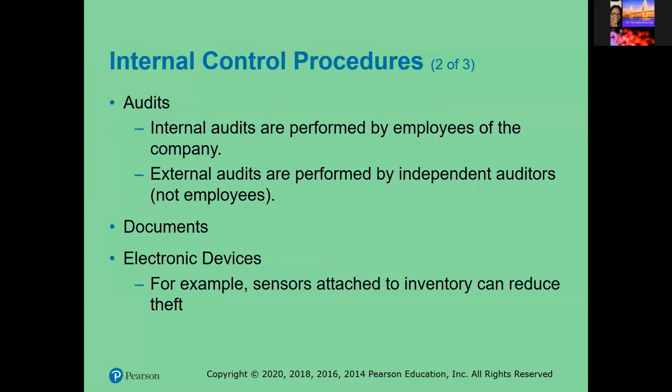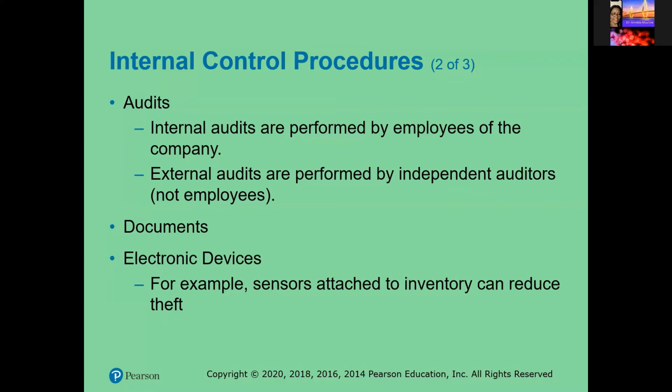Internal audits are performed by employees of the company. However, external audits are performed by independent auditors who are not employees of the company. To evaluate the accounting system, auditors must examine the internal controls and test them to ensure the controls are working properly.